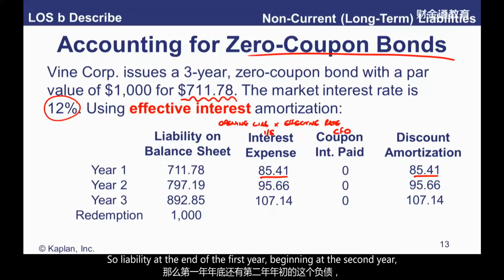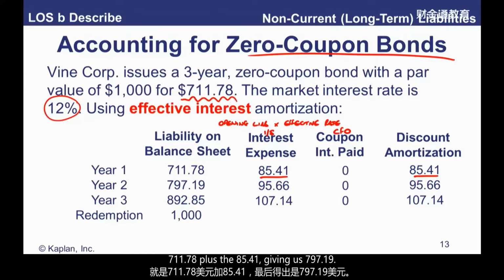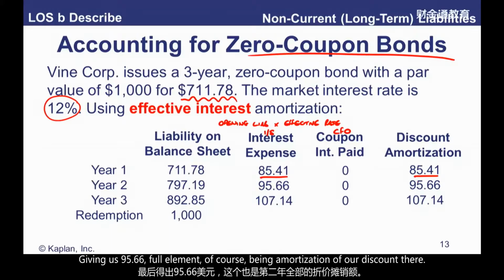So liability at the end of the first year, beginning of the second year, 711.78 plus the 85.41, giving us 797.19. Interest expense in year 2, 12% of 797.19, giving us 95.66. Full element, of course, being amortization of our discount there.